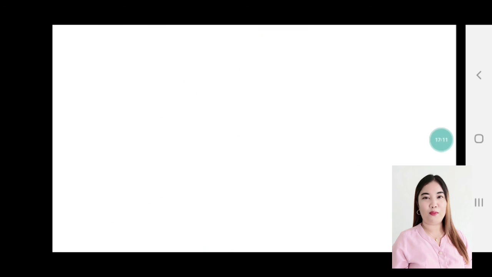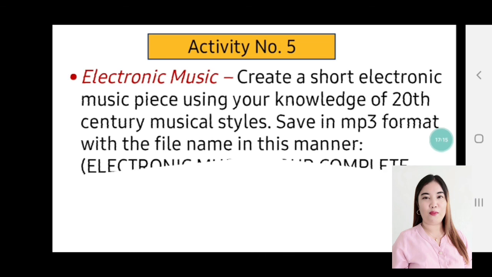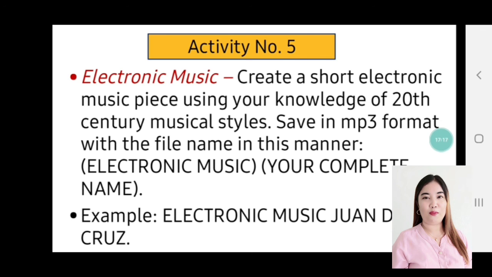Okay, next, activity number 5. In activity number 5, what you're going to compose or to create naman is your original electronic music. Create a short electronic music piece using your knowledge of the 20th century musical styles.